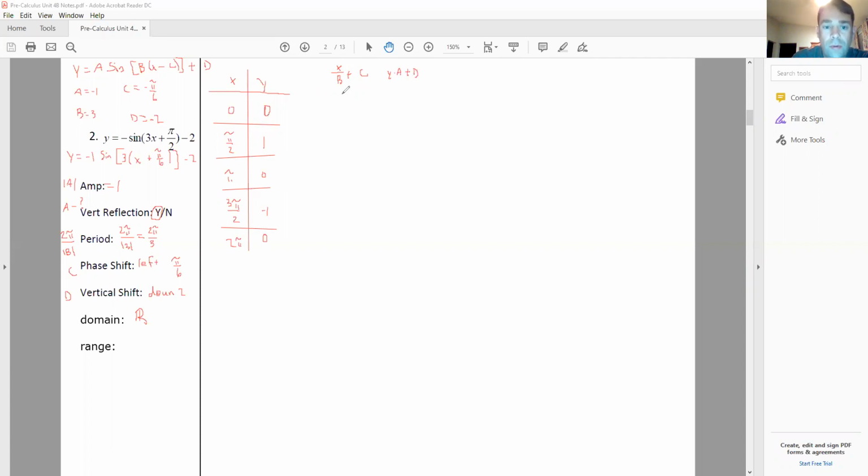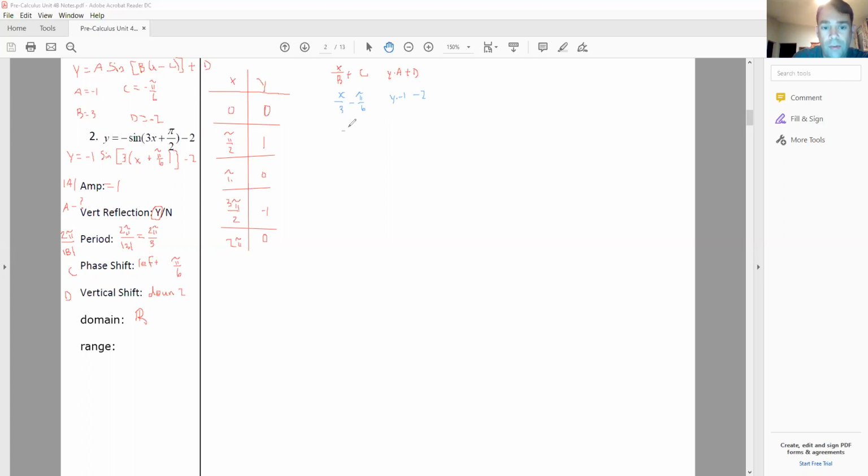So in this case, I'm going to go x divided by 3 minus pi over 6. I am going to have to do some fraction stuff here. And y times -1 minus 2. So if I plug 0 in here, 0 divided by 3 is 0, minus pi over 6.